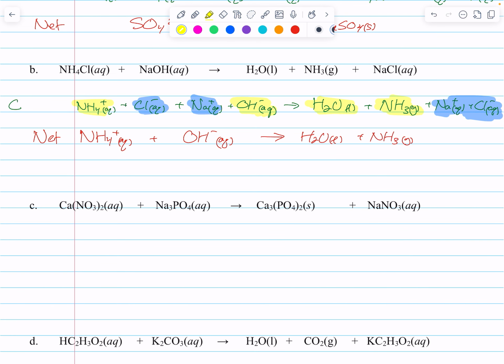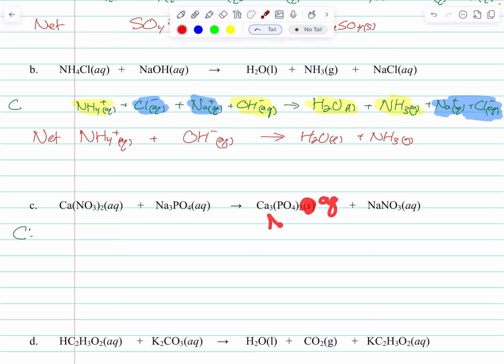C, complete. Again, this is a double replacement reaction. Now I have a question for you, if you're listening to this still. If instead of having this S right here, that was AQ, what would happen?